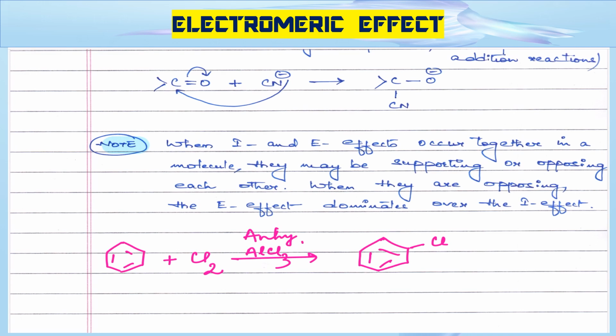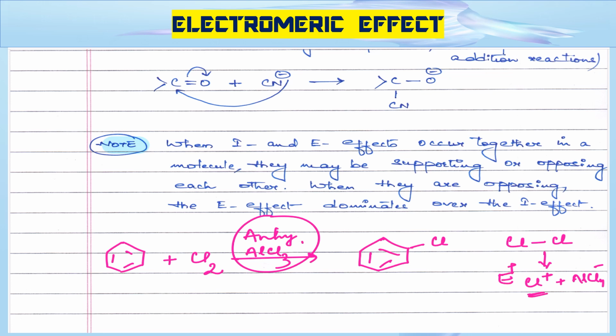During this reaction, first of all, Cl2 will break down to give a Cl+ ion, and because it is happening in the presence of anhydrous AlCl3, the other thing that we get is AlCl4-. Now the Cl+ acts as the electrophile.